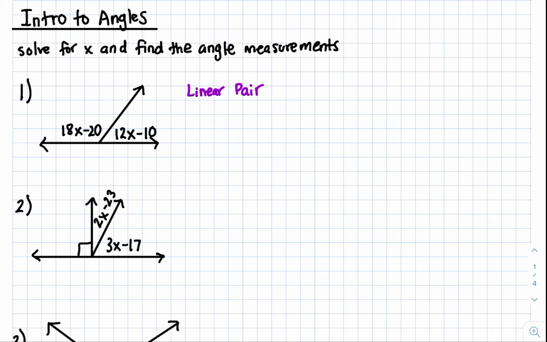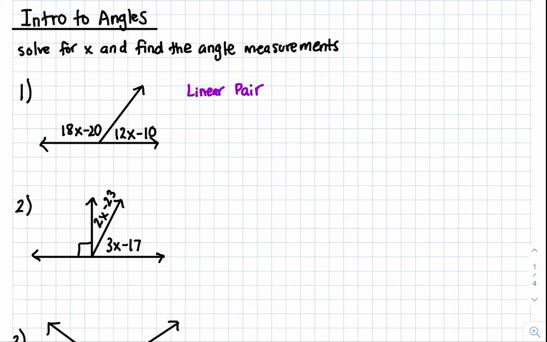Adjacent angles, remember, share a common side and a common vertex. And they're supplementary because both of the angles add up to 180 degrees, because they form a straight angle or straight line.